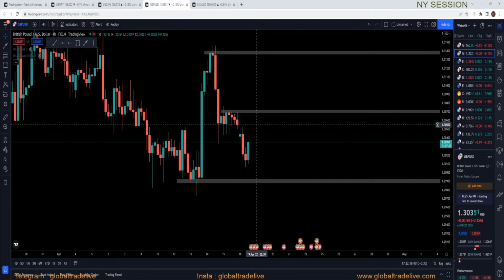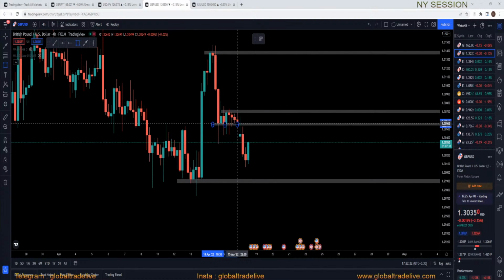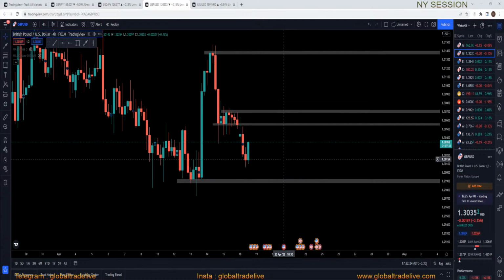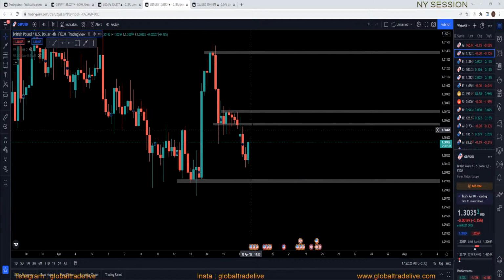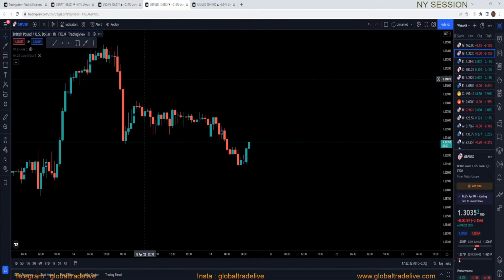Now it's moving up, and there is a support over here as well in this area. So I think the market can possibly move in this area and then move down, but the overall trend of GU is just sells, so I'm gonna look for sells only.